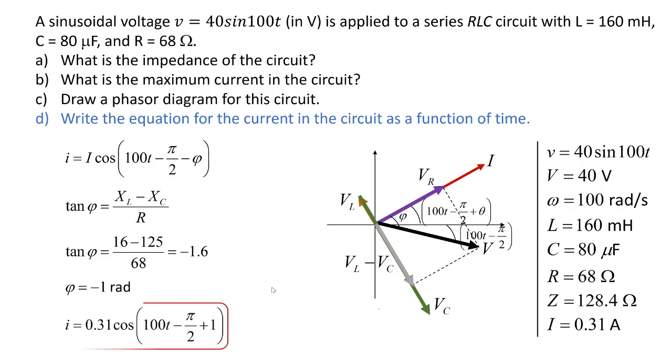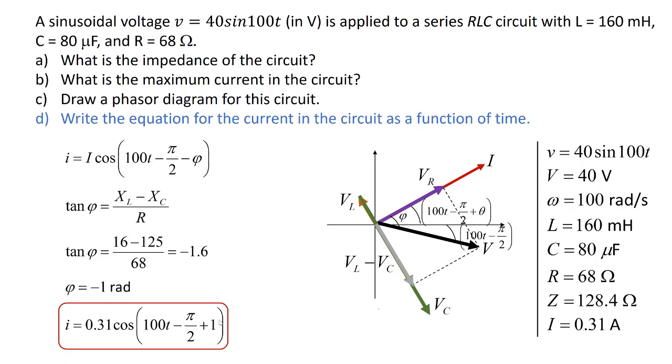And we can replace this phase angle phi in the equation for the current, and then we have the equation for the current equals 0.31, the maximum value of the current, cosine of 100t minus pi over 2 plus 1. Of course, you can always write pi as 3.14 divided by 2 and add it with 1.